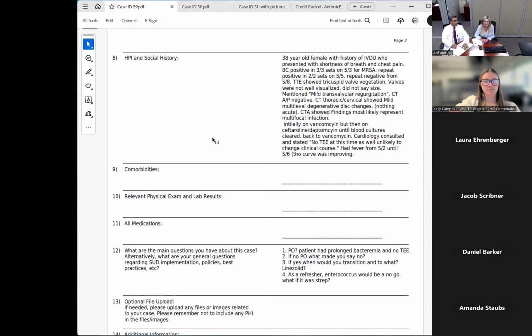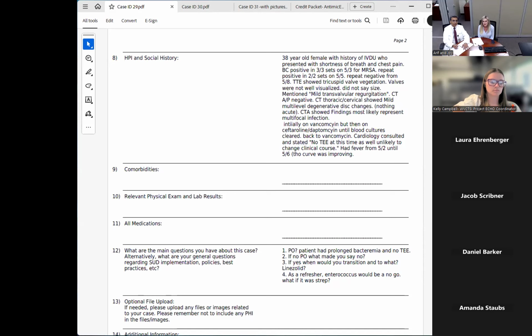Jacob, I can talk for our experience here. We would be comfortable with oral antibiotics with transition to linezolid. And here we've been transitioning once blood cultures are negative at 72 hours, and then plan for a 4-week course based on CRP normalization, with possible 4 to 6 weeks.